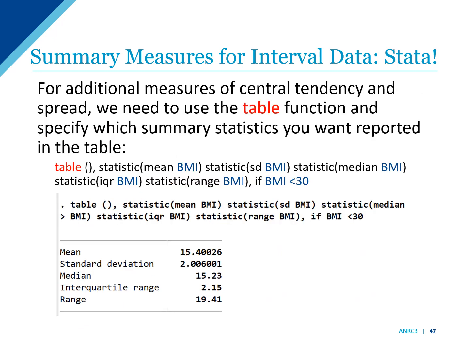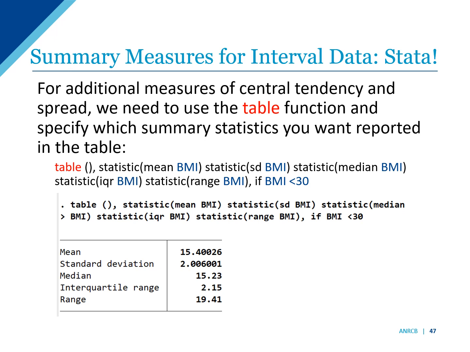For additional measures of central tendency and spread, we need to use the table function and specify which summary statistics you want reported in the table. It's an odd function, but you can find this syntax in the do file for today's topic 7.3. You type the command table with empty parentheses, and then you specify each set of statistics that you would like to run and the variable that you would like to run them on.